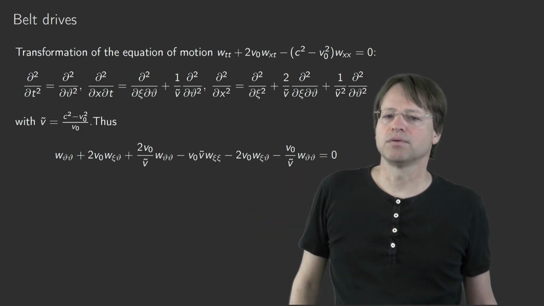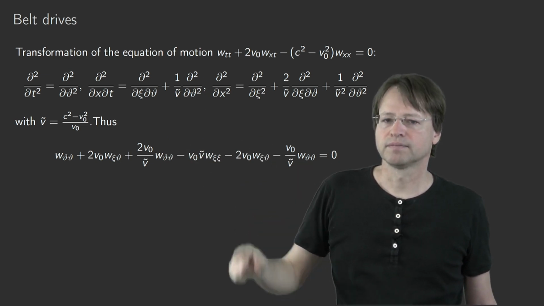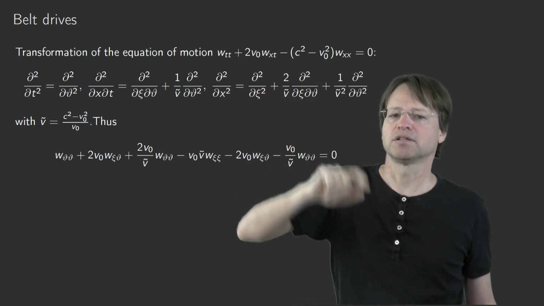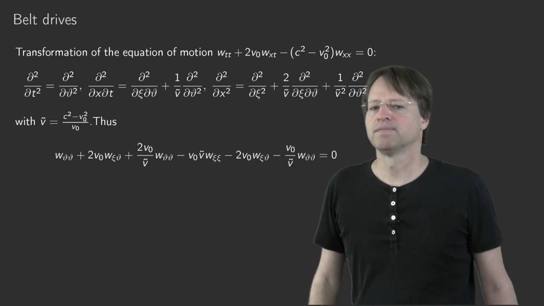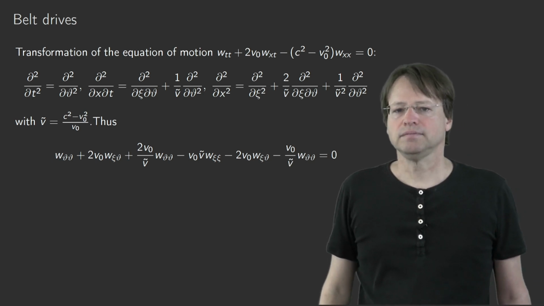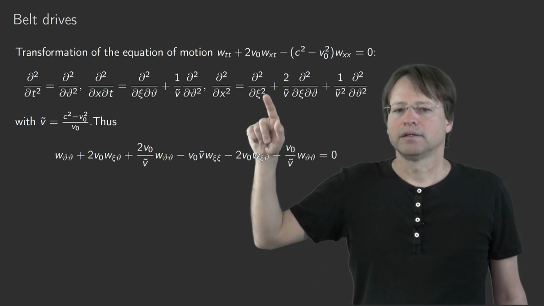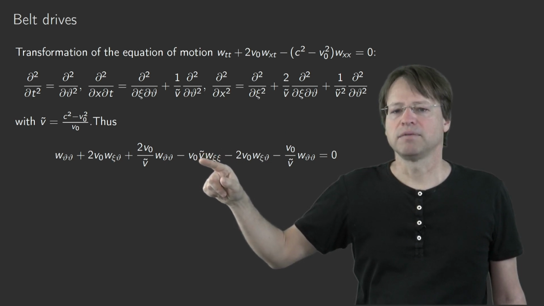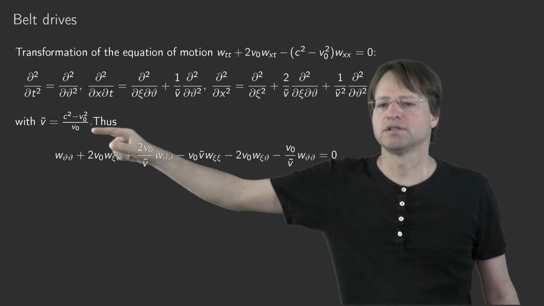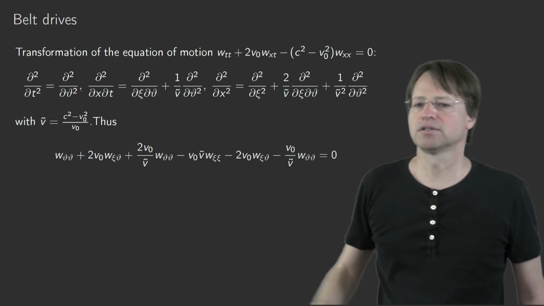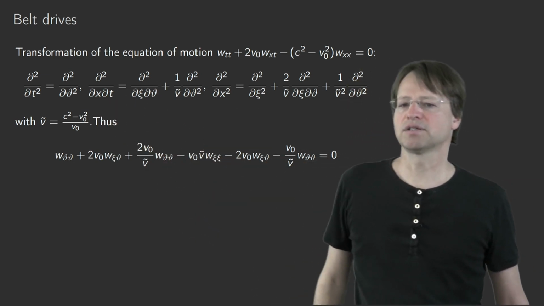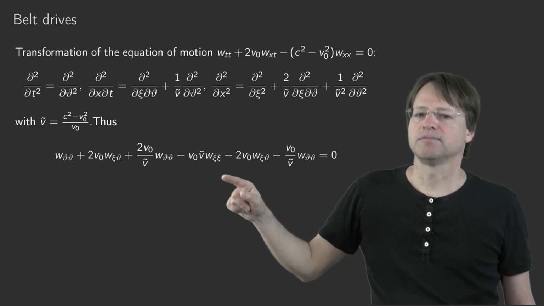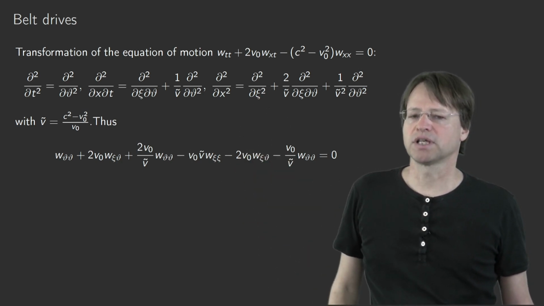Finally, for the last term, we get minus c squared minus v naught squared, and this is represented by multiplication of v naught by v tilde, so that we get the c squared minus v naught squared of the numerator only, times the second derivative with respect to psi.